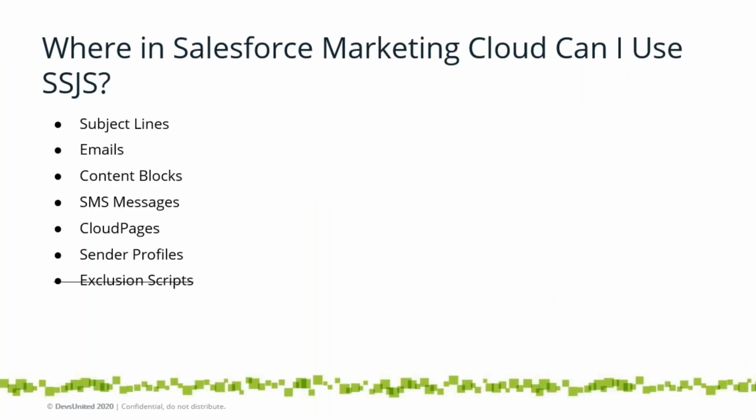So for those of you who attended session 1 and 2 on AMPScript, you've seen a very similar slide in those presentations, where can I use AMPScript. Now we're going to see where can I use server-side JavaScript. And it's mainly everywhere in Marketing Cloud: subject lines, messages, content blocks, pages, even profiles.